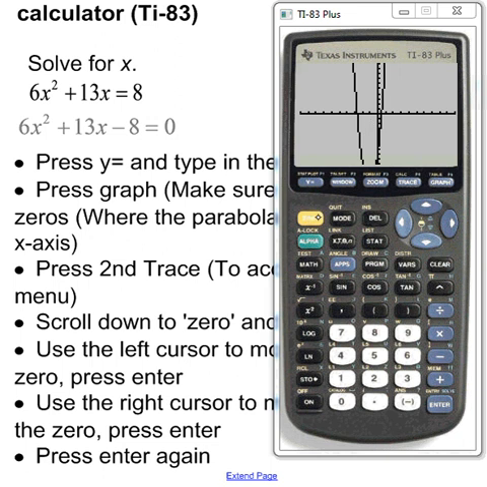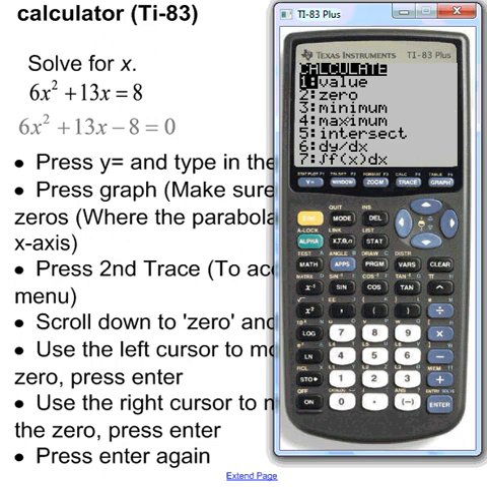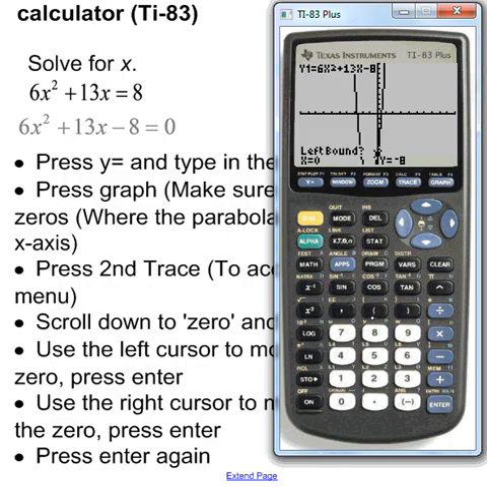After you press graph, press second, trace, go down to 0, press enter. And what you want to do is move the cursor to the left of a 0. So let's start with this 0 here. A 0 is also called the root. So here's the 0, I move to the left of it, press enter.